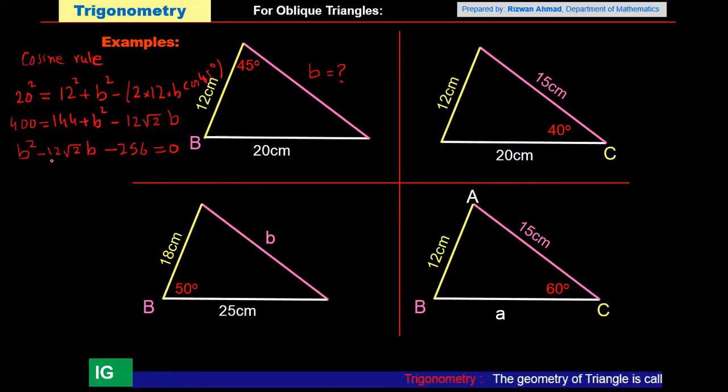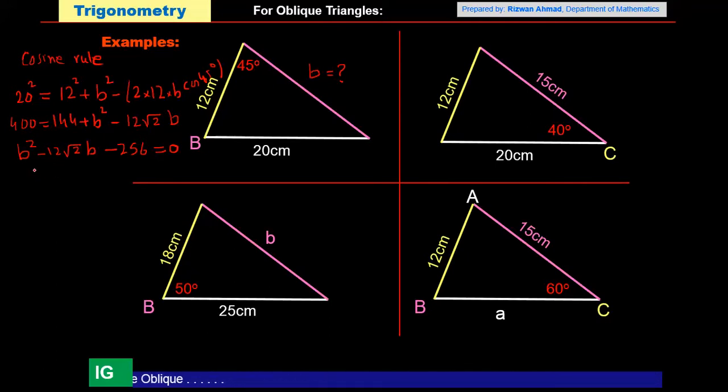So now this is a quadratic equation in B. By using the quadratic formula, we can find the two possible values of B here. Remember, I'm not explaining the quadratic formula here; that is explained in a different video, how to use the quadratic formula to find the two roots.